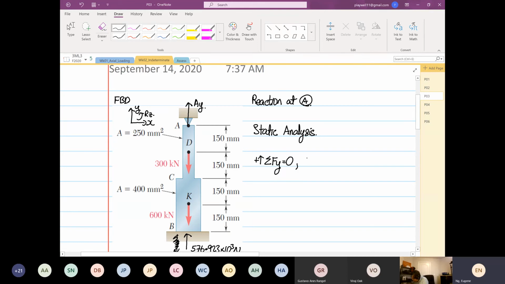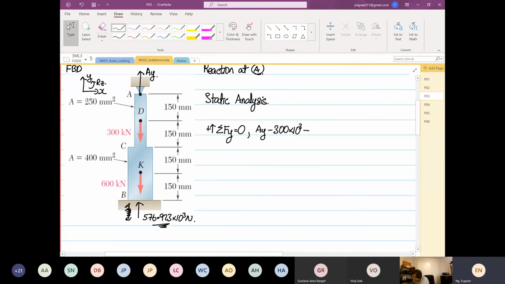So we will have AY minus 300 times 10 to the power 3 minus 600 times 10 to the power 3 plus 576.923 times 10 to the power 3 is equal to 0.